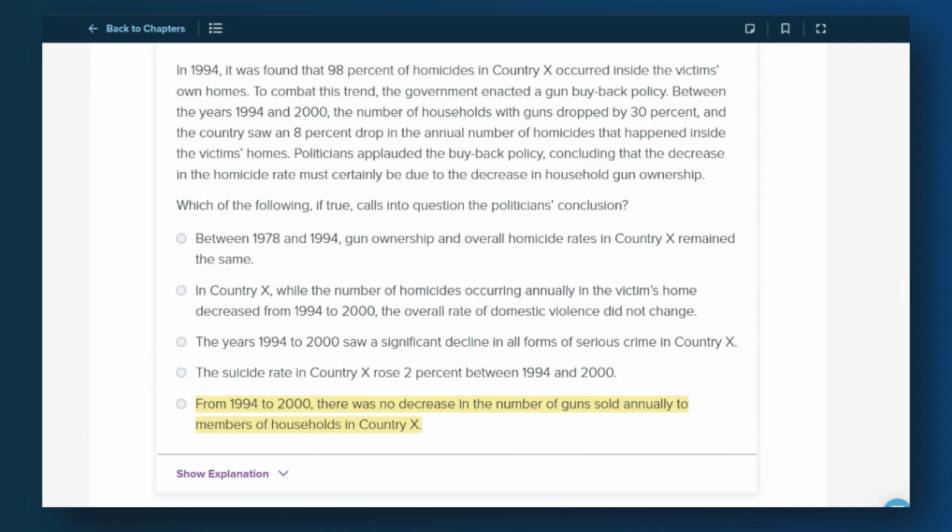Premises must be taken as true. So if it says that the number of households with guns dropped by 30%, which is right here, then we have to take that as true. Our best answer is going to be C.